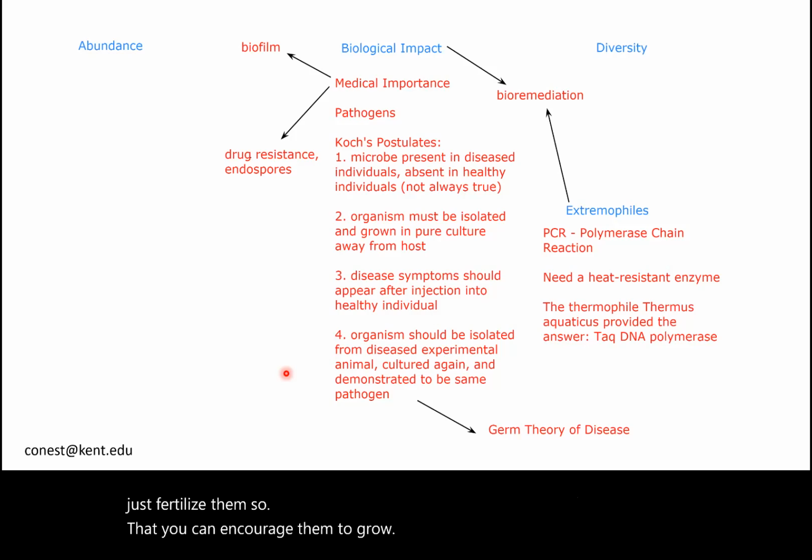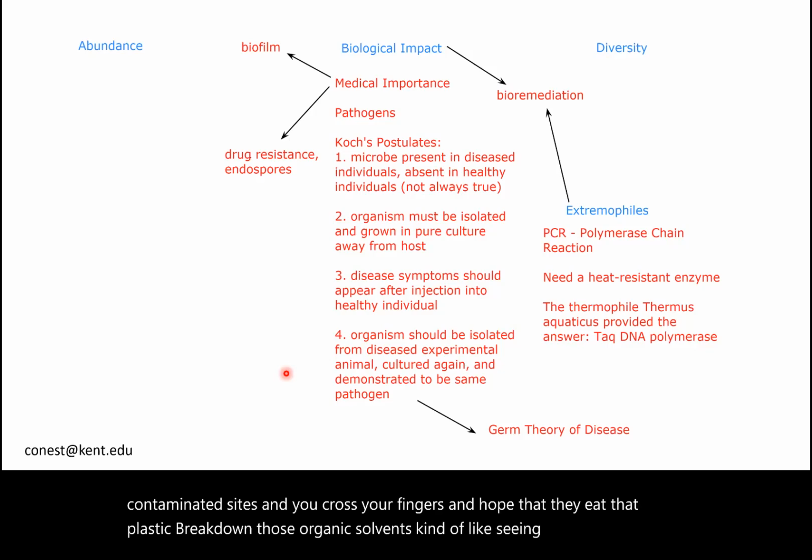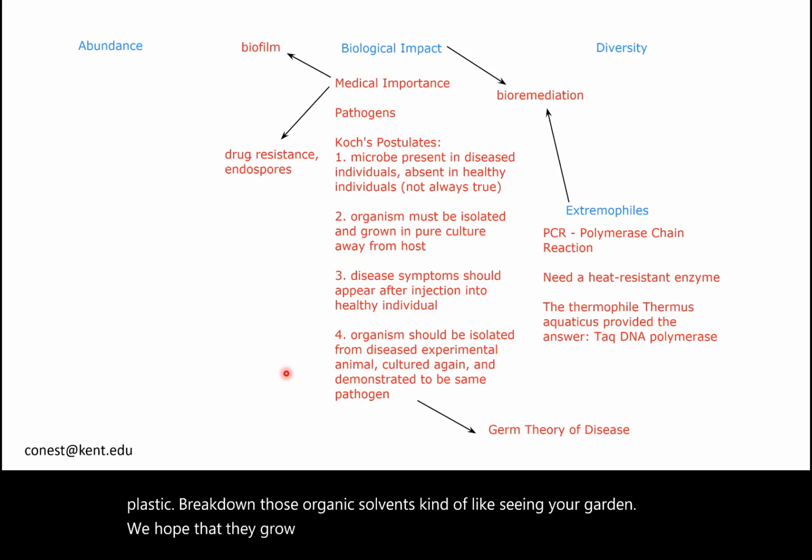The second way is seeding. So you take some organisms, you send them to contaminated sites, and you cross your fingers and hope that they eat that plastic, break down those organic solvents, kind of like seeding a garden. You hope that they grow and they do what they've got to do.